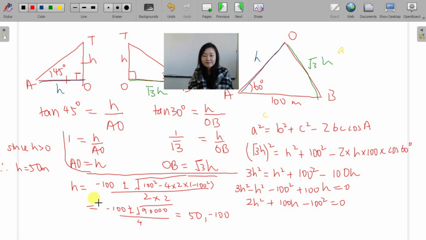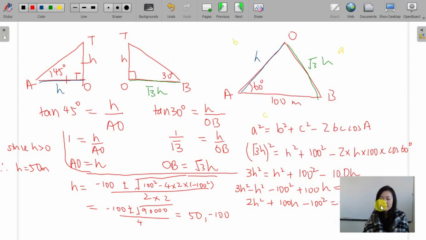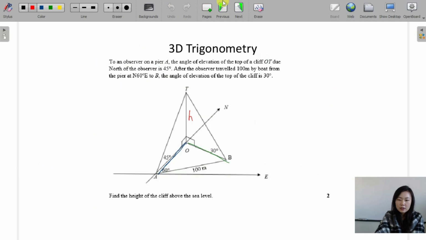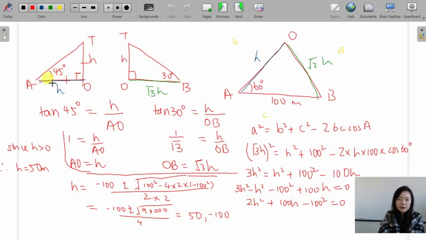And that's it. Just to summarize: first, you draw out the 2D triangles like what I've done here, the 3 triangles from the previous question. Then you work out the common sides and put that into the bottom triangle, which has all the information with lengths and angles.